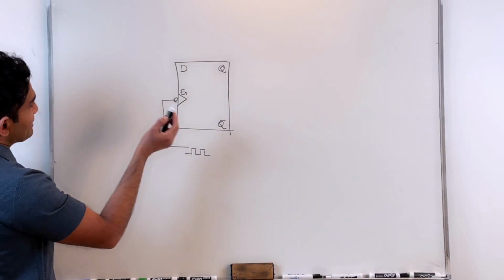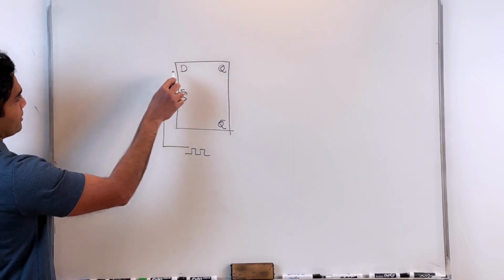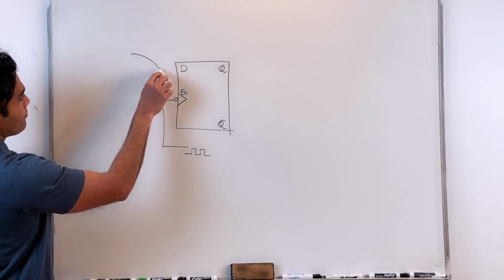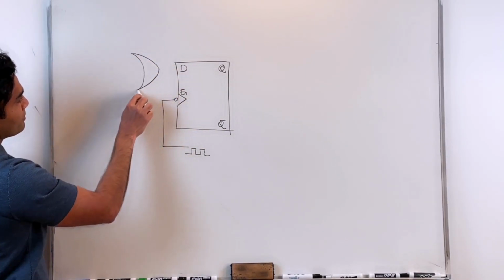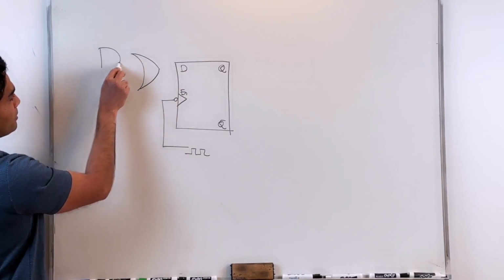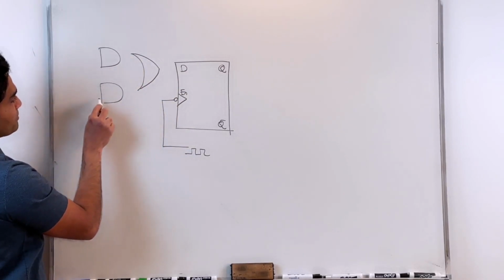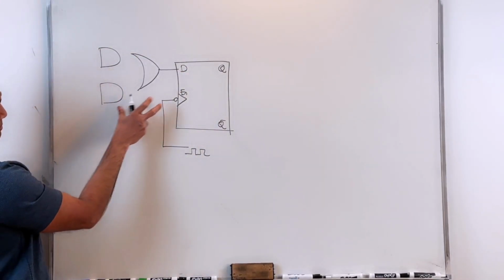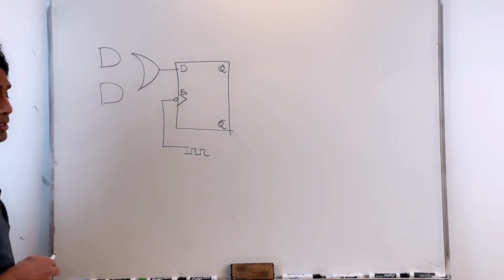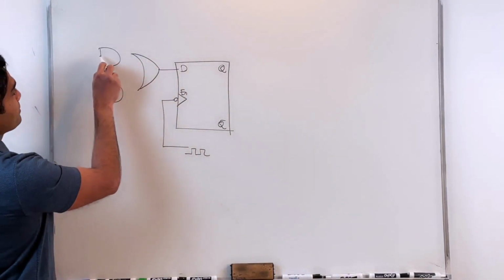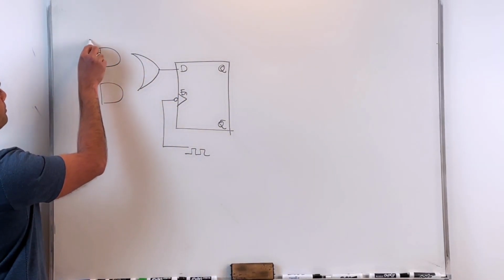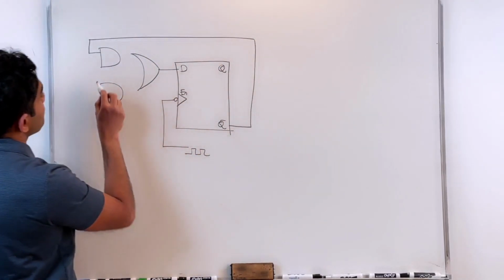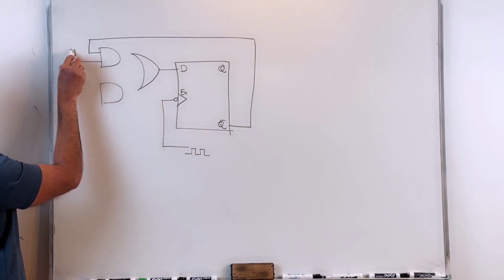So I'm just adding some circuit here. I'll do this modification. I'm just adding this combinational circuit part to my D flip-flop. And I will take Q prime, and I'll say that this is my J input.